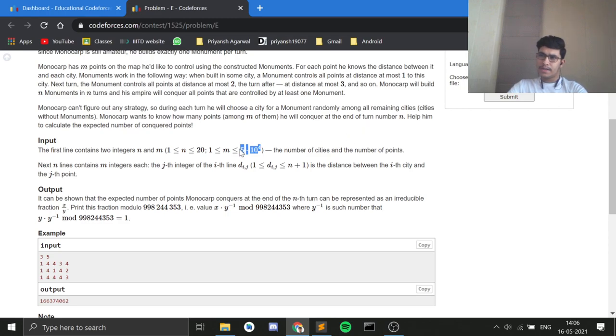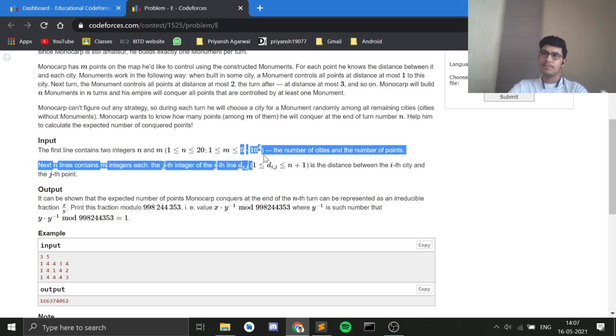This m is pretty large, so I cannot test out all possibilities and keep checking for every point.